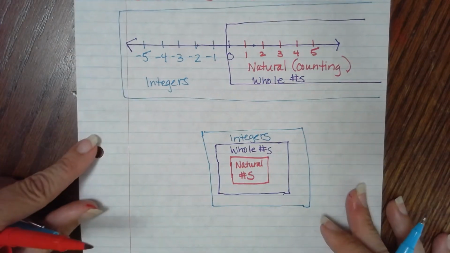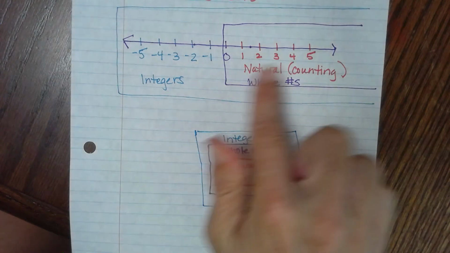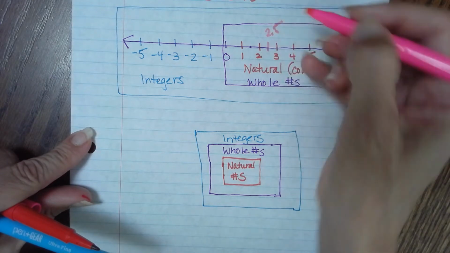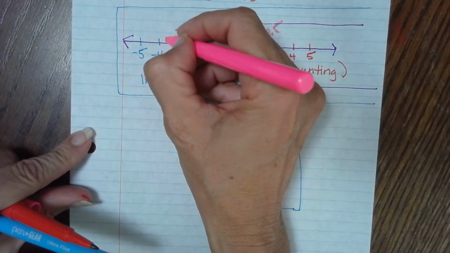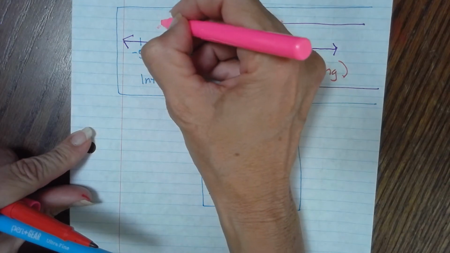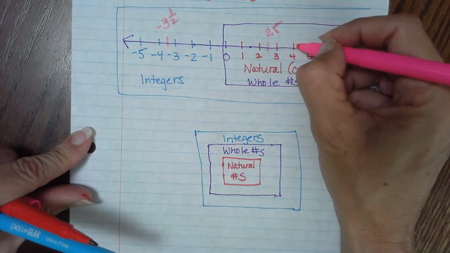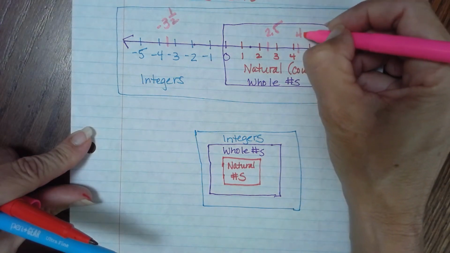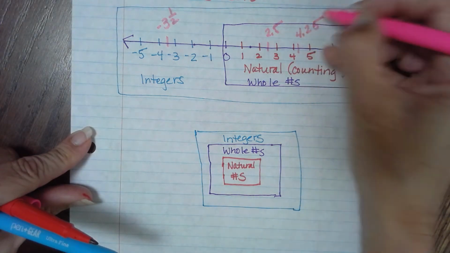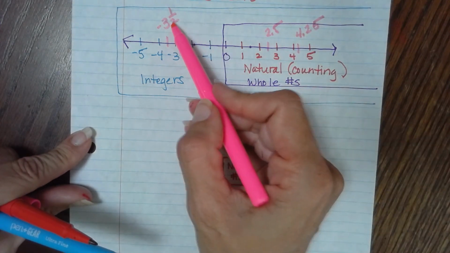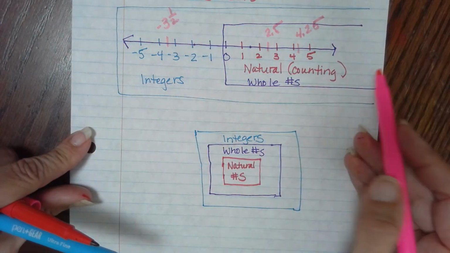Okay. So in between these whole numbers, whether it be positive or negative, is where we find decimals like 2.5 and fractions like -3 and 1/2, or we have 4.25. All of these can be written as a fraction. This is a fraction, but decimals are also fractions.